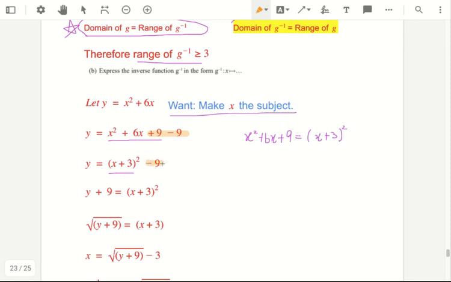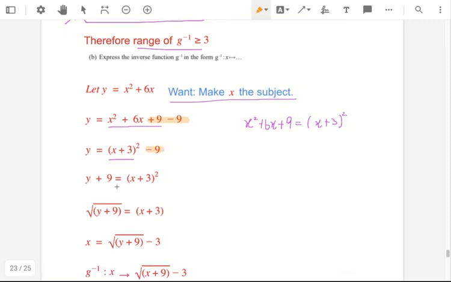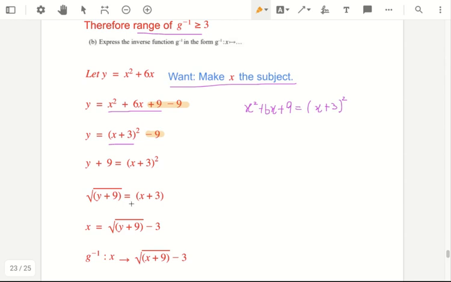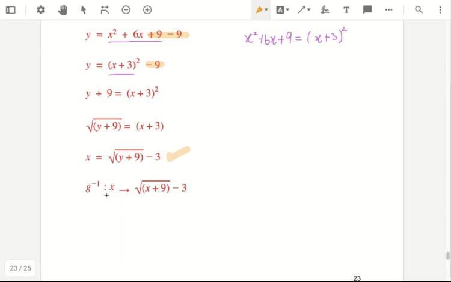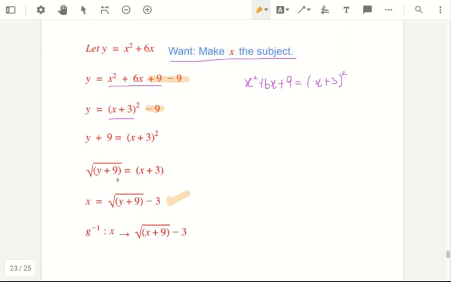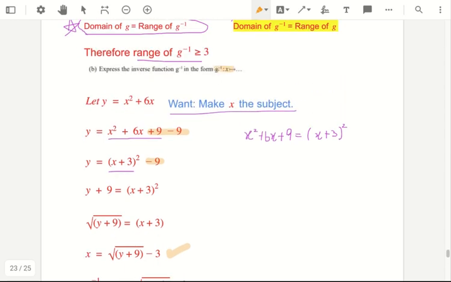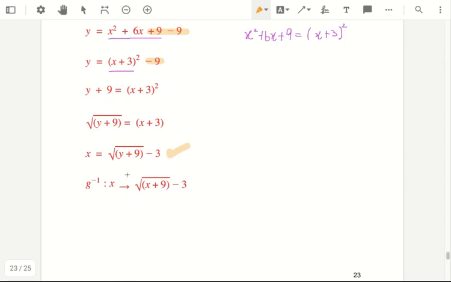So I have this minus 9 over here. Then I'm getting there to making x the subject. If I bring 9 over, it's plus. If I square root it, I get this. And then I bring minus 3 over, I get this. Therefore g inverse, since they want it in this form, I need to change my variables. Instead of y, I need to change it to x. So this is the final answer.